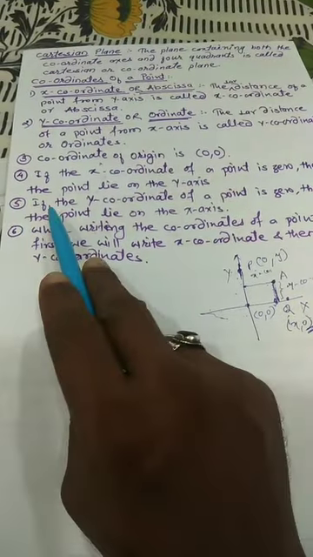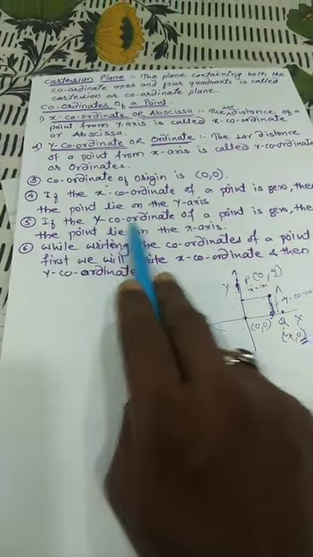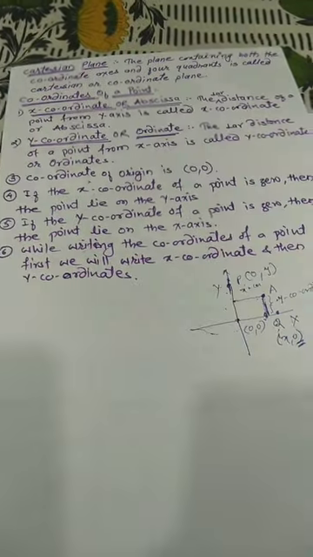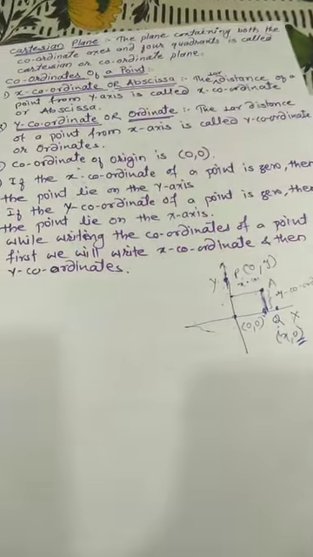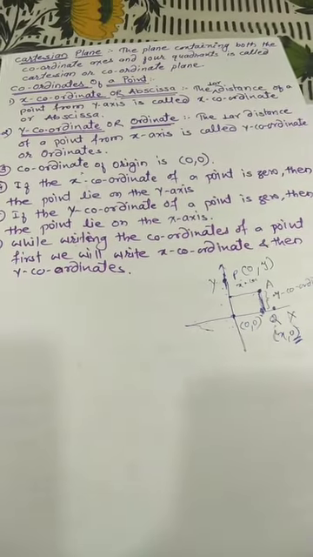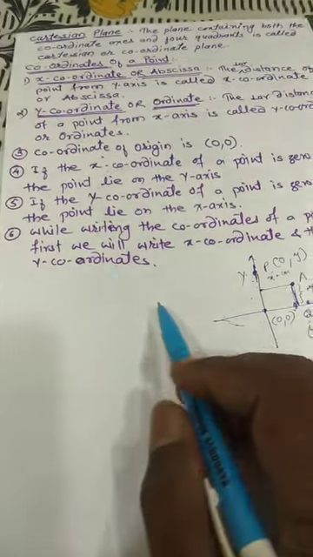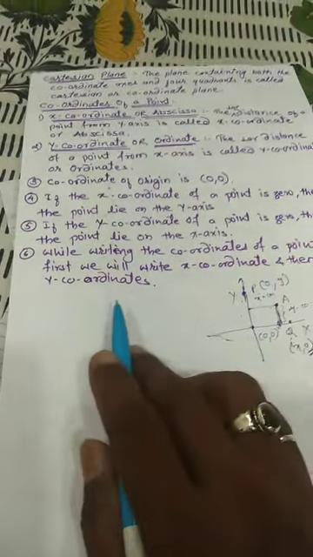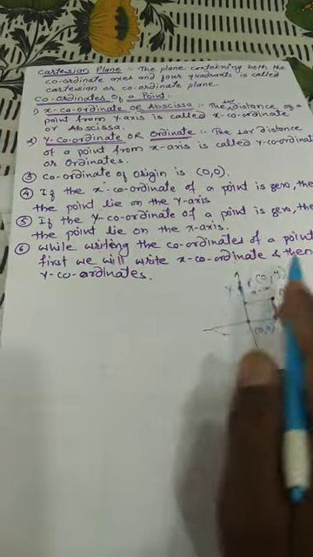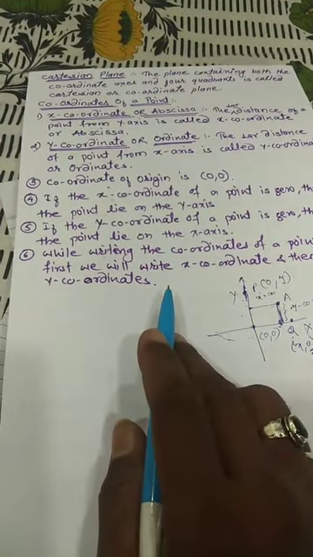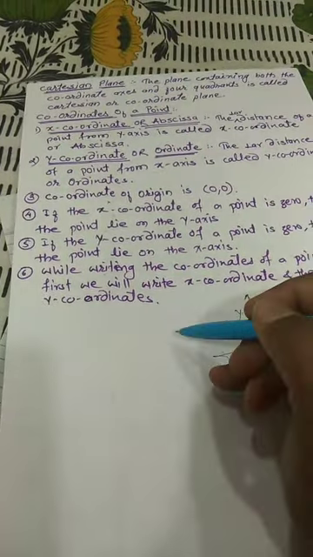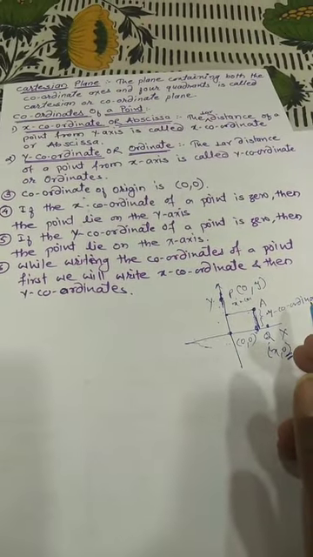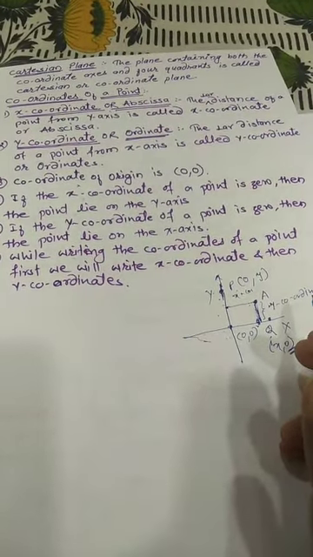See students, the fifth point: if the y coordinate of a point is 0, then the point lies on the x-axis. While writing the coordinates of a point, first we write the x coordinate and then the y coordinate. These are the rules to write the coordinates of any point. Clear, students?